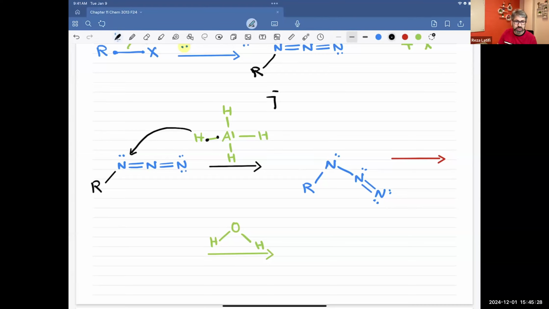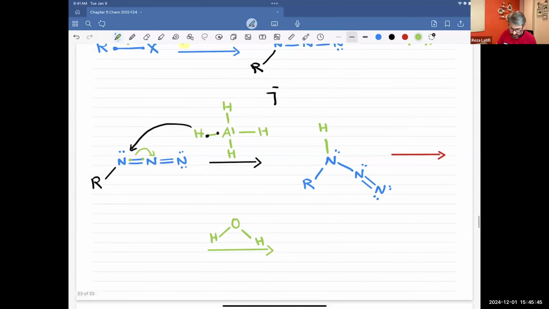If we give hydride to that nitrogen, we will have hydrogen attached to nitrogen. Now, what will happen with these 2 electrons? They will move to this nitrogen. We used to have a positive charge there, and now we have a lone pair on this nitrogen. So from positive, we turn it into nitrogen with a lone pair.